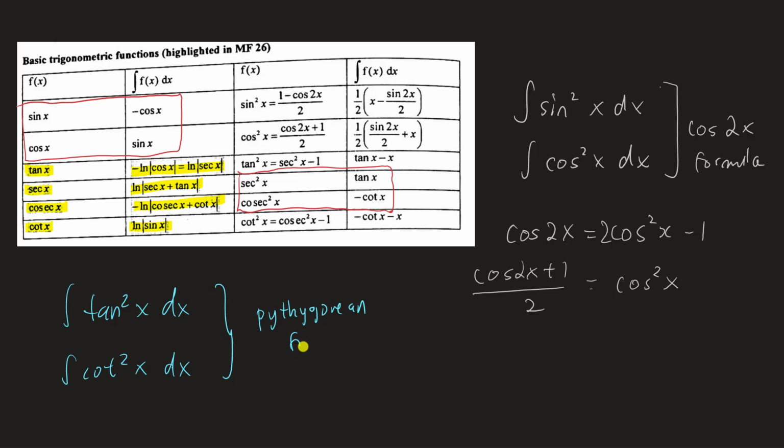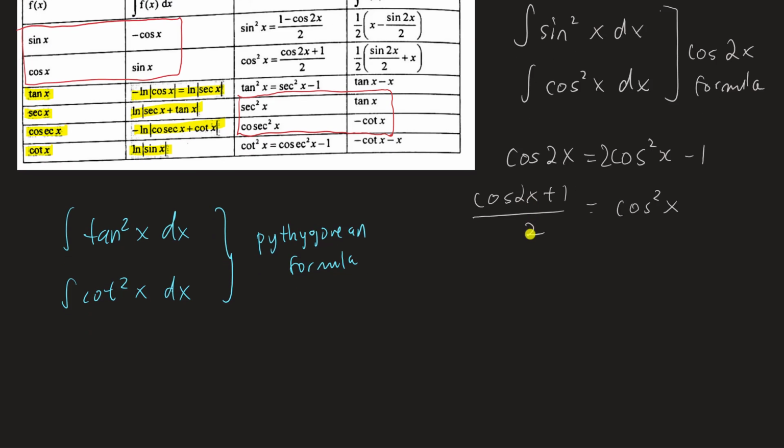In other words, the Pythagorean formula for trigonometry. The Pythagorean formula for trigonometry is these three: sine square x plus cos square x equals to 1, tangent square x plus 1 equals to secant square x, and cotangent square x plus 1 equals to cosecant square x. These three, it's not on the MF26, you actually have to memorize them.